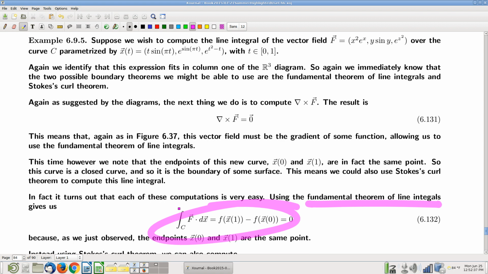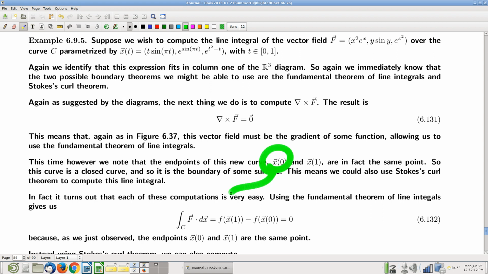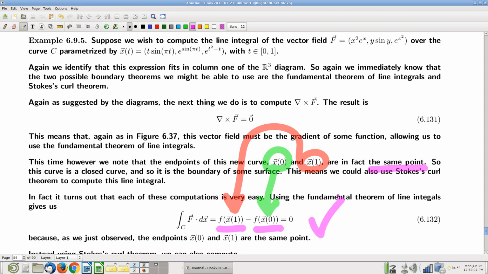And the good news is, because x of 0 and x of 1 are the same point, that means that these are two identical values, and I'm subtracting one from the other, and so I get 0, and we're all done. I don't have to know the anti-gradient at all. I just need to know that it exists, which it does. Everybody on board?